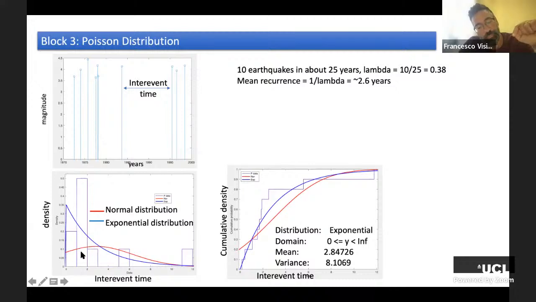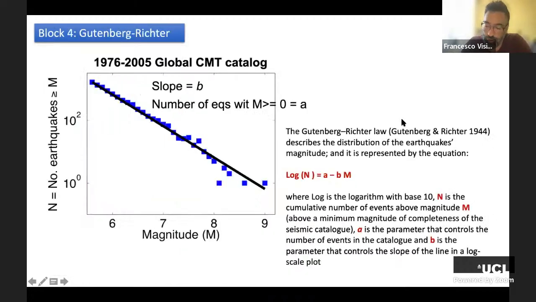Just for graphical purposes, I put the normal distribution to show you that the distribution of inter-event time is more coherent with the exponential distribution. So this is an important concept.